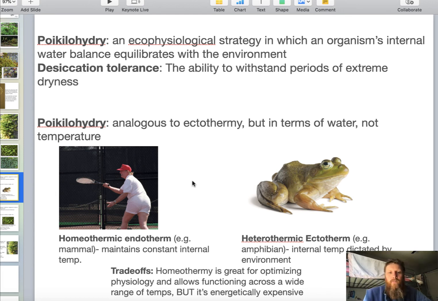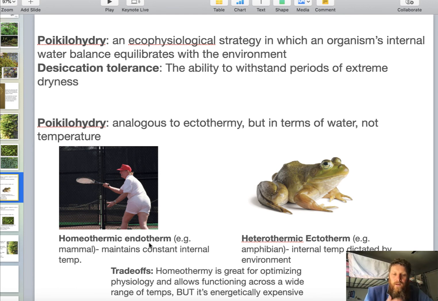So in an organism like a mammal, like Mr. Trump here, you've got what's called a homeothermic endotherm. So homeothermic means that they maintain essentially a constant body temperature, and endotherm meaning that that temperature is created from within.